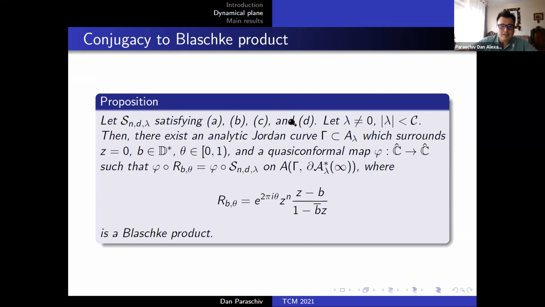Then there exists an analytic Jordan curve inside the annulus A lambda such that our map is quasi-conformally conjugate to a Blaschke product on the region bounded by the immediate basin of attraction of infinity and the annulus A lambda. So all the maps in our family behave as a Blaschke product on the most interesting region.